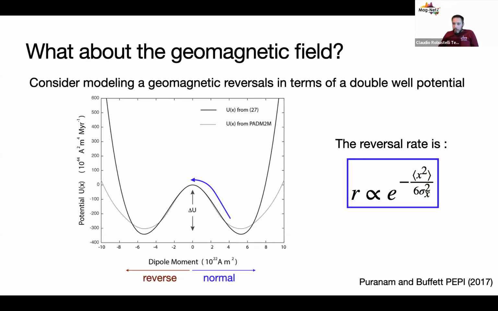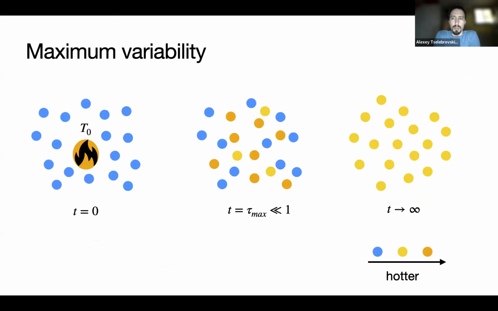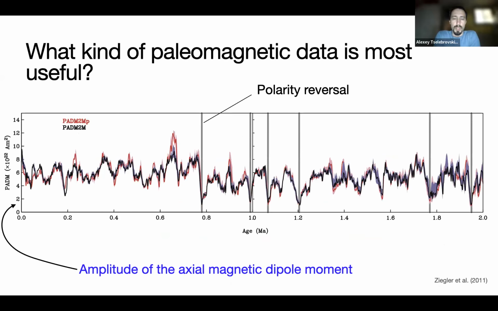We have a question from Alexei. Thank you for your talk. I have a question about the value of dipole moment, because the paleomagnetic data says that there are some periods, not so long ago, a few million years, when the dipole moment was very high, above 10 to the power of 22, so about 12, maybe even more.